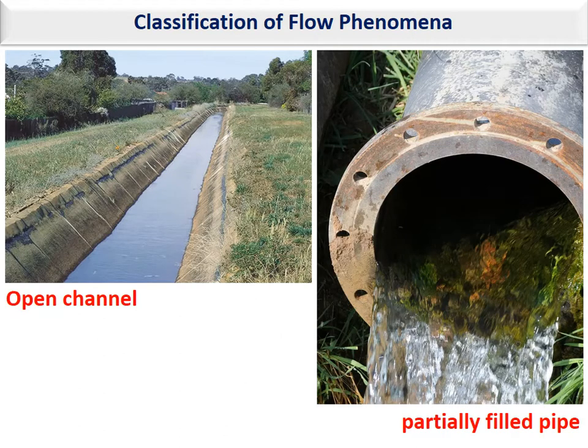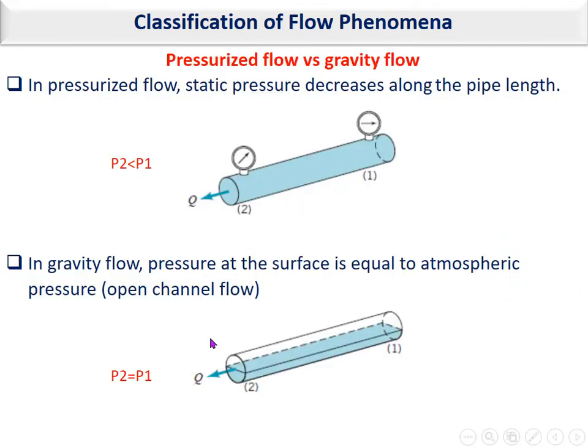There are two types of gravity flows actually. The first is open channel flow, like the one shown here on the left, and the second is the flow in a pipe, but a partially filled pipe. It's very important to understand this, because if the flow in the pipe is full and under pressure, then it will be categorized as pressurized flow.